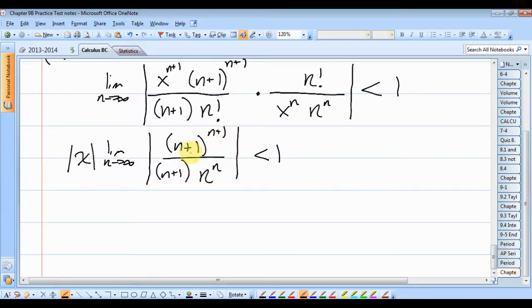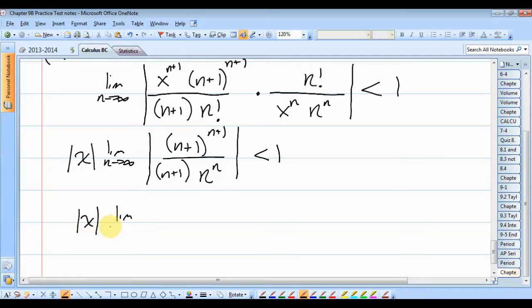Some of you saw that this n plus 1 and this n plus 1 in the numerator, we can cancel out one of the powers. That is super convenient. They have the same base. We have two functions with exponents with the same base. We can cancel.